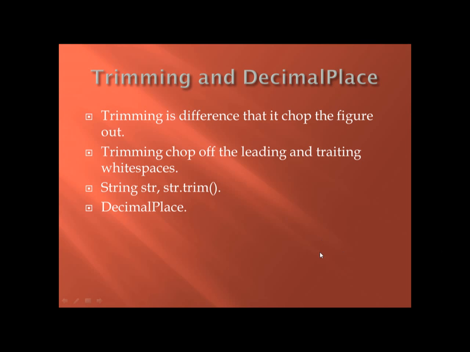Decimal places I don't find effective, but if you want to use them, how this works is you put hash, dot, hash. How many hashes you put determines how many digits you're allowing before and after the decimal place.